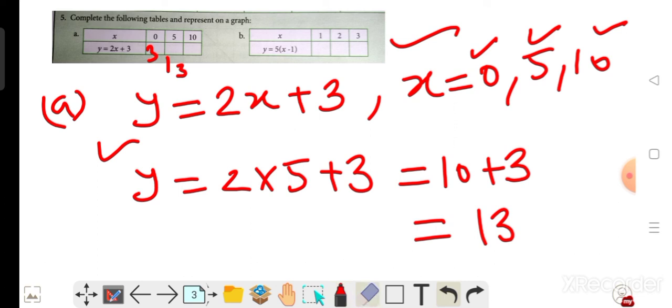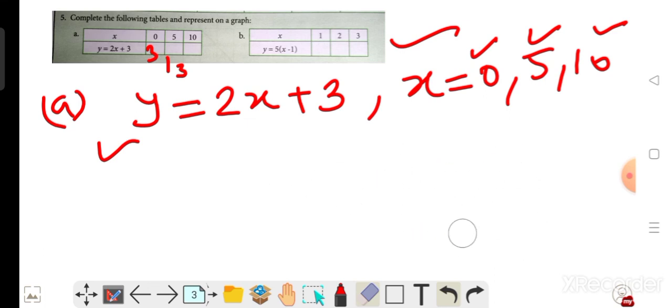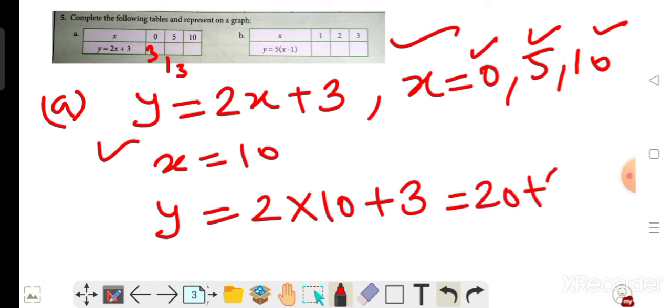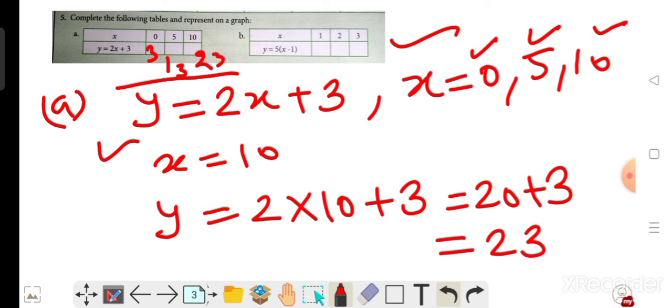In the same way the last one is for x equal to 10. For x equal to 10, y is equal to 2 multiplied by 10 plus 3, and this will become 20 plus 3 and the total sum is 23. So the third blank of the table will be filled by 23. So this is the way by which you have to fill the following table.